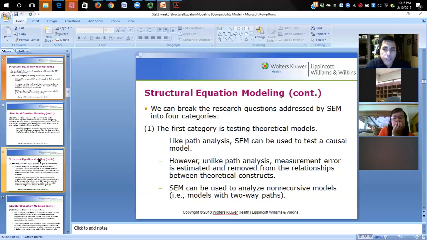Structural equation modeling is really going to test cause and effect. So it has similarity with path analysis: the occurrence of factor A leads directly to factor B. That's what you call causal relationship or causal modeling.